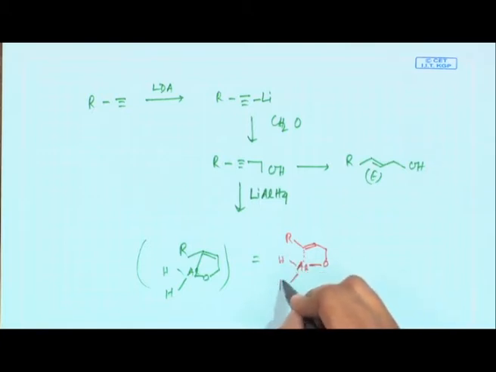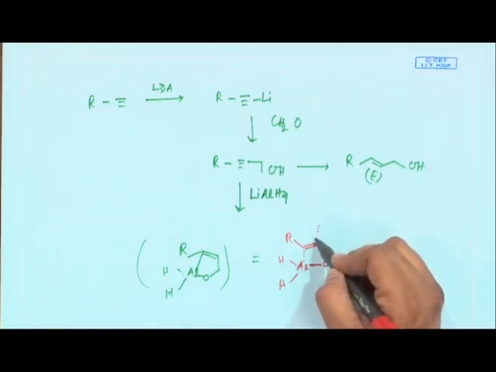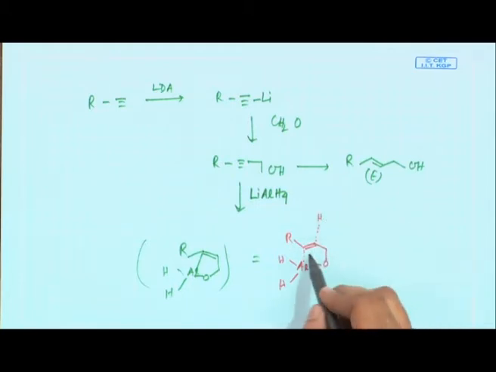Basically, initially lithium aluminum hydride will transfer one hydrogen from here, and then this oxygen, the Lewis basic site, will coordinate with this aluminum, giving this cyclic aluminate ester.